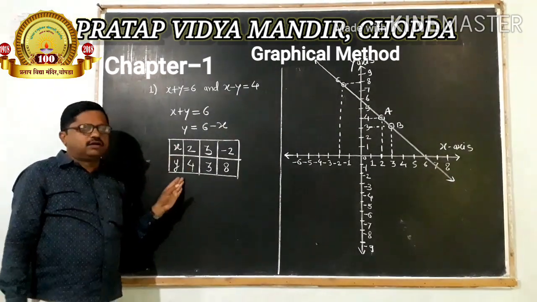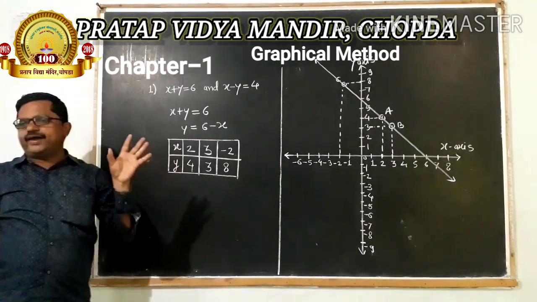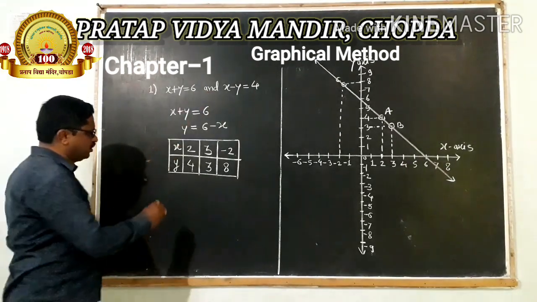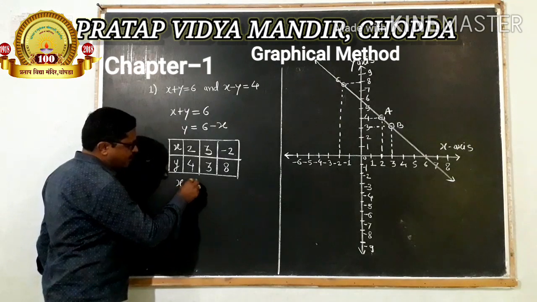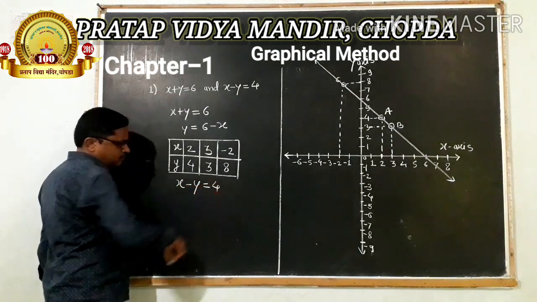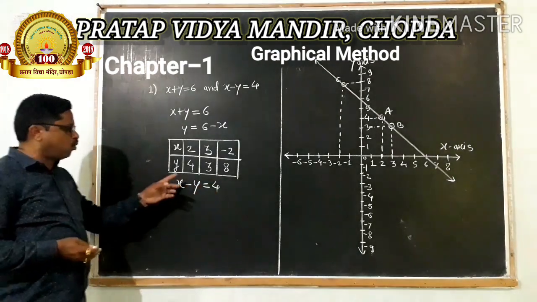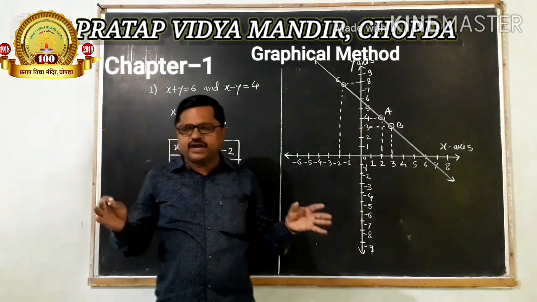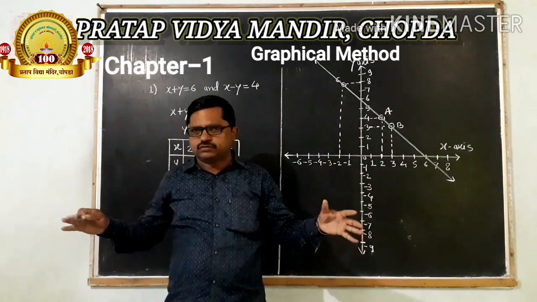of x minus y equal to 4. To find out the value of y, make separation of x and y variable on both sides of the equation.